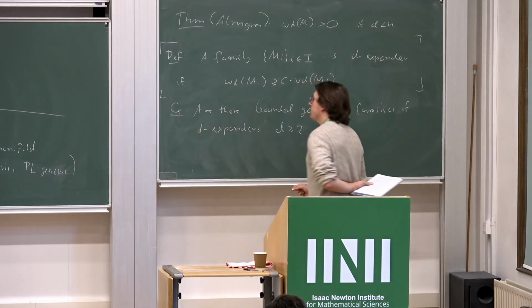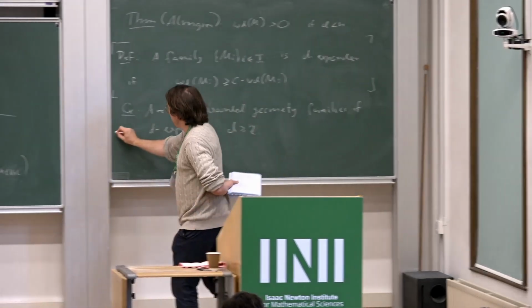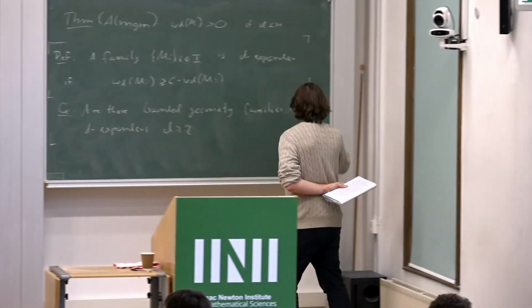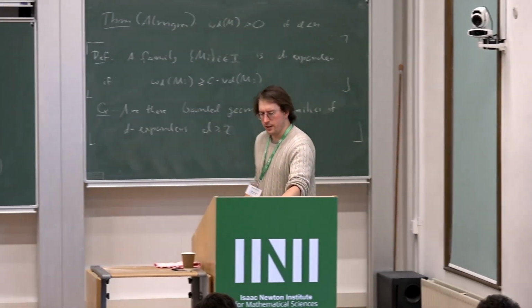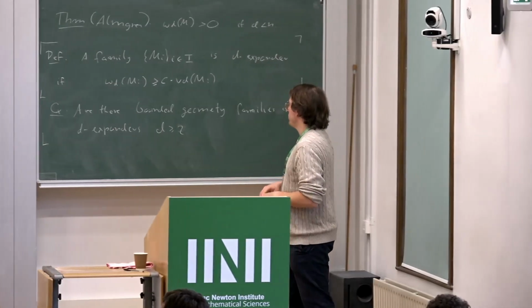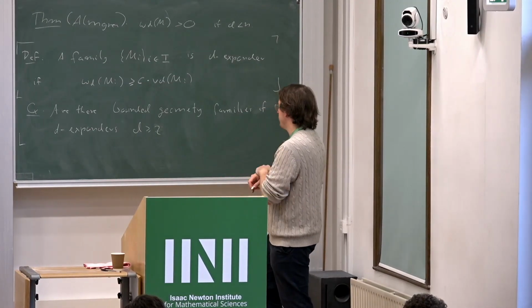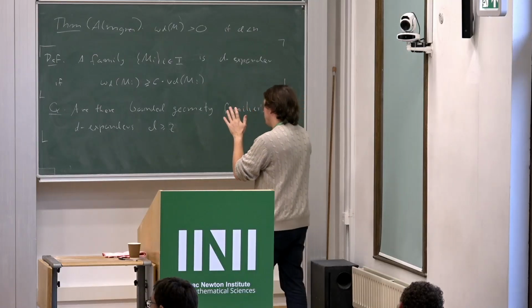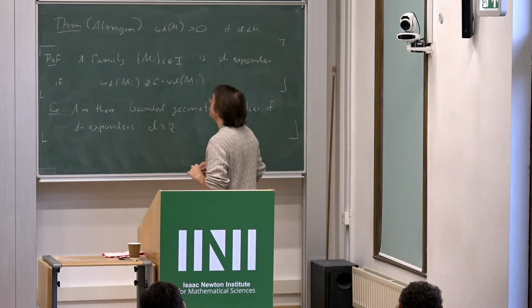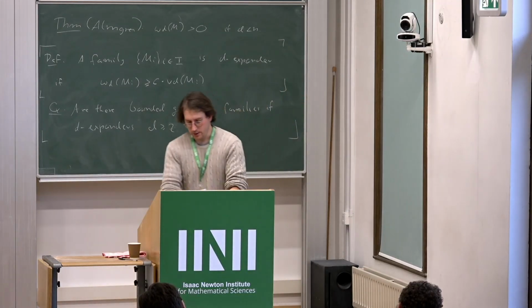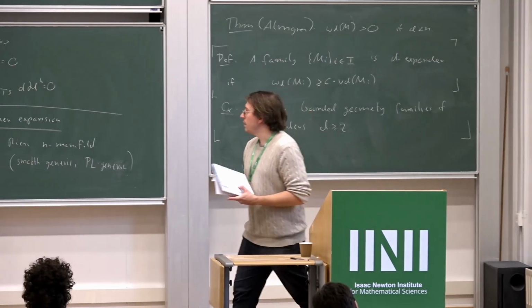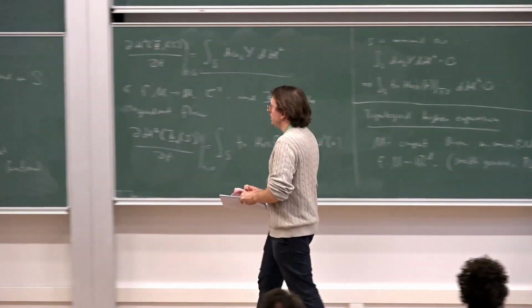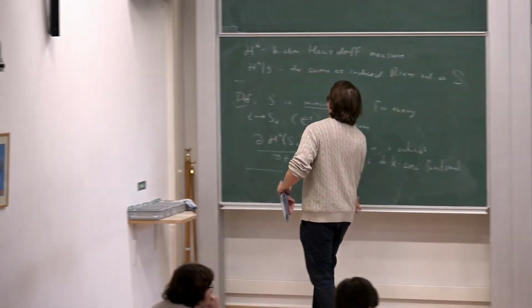So for d equal 1 it was easy to find them. For d equal 2 you can find families which are expanders quite easily if you allow for unbounded geometry. But if your geometry is bounded, this was a hard problem. So now I'll tell you how minimal submanifolds relate to this problem.